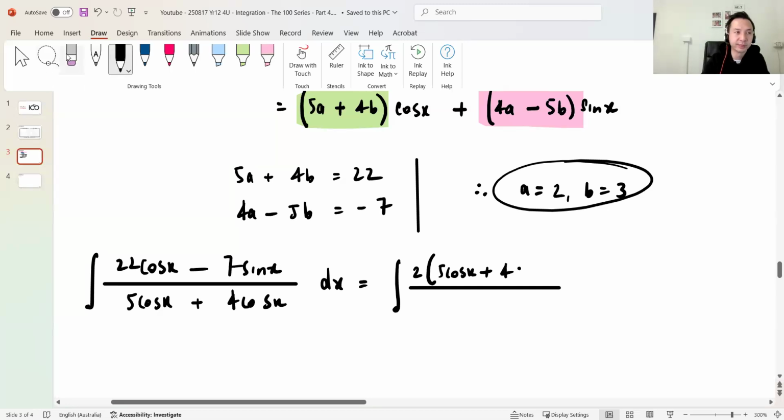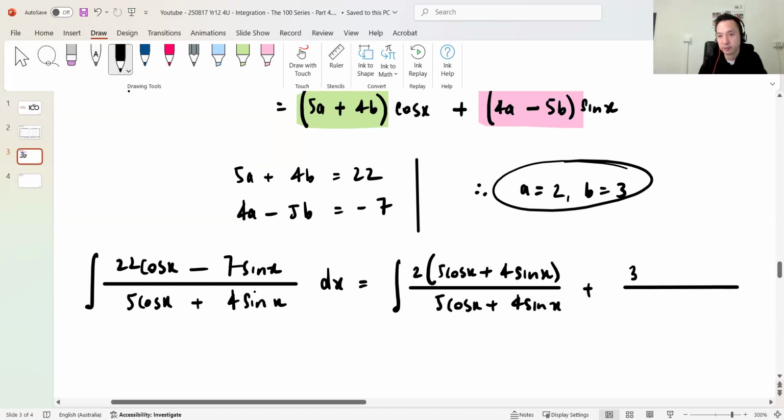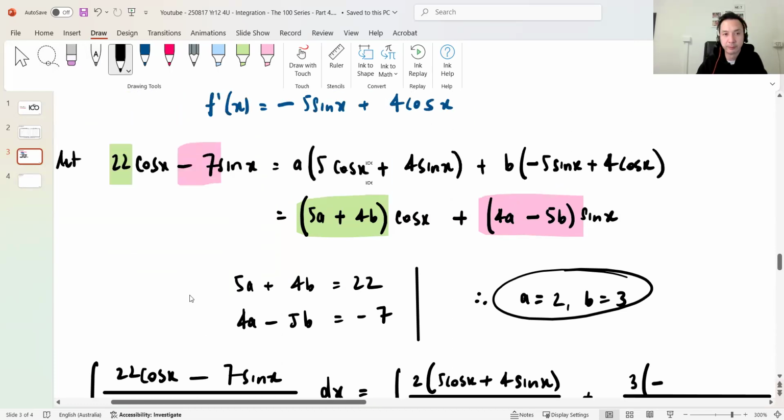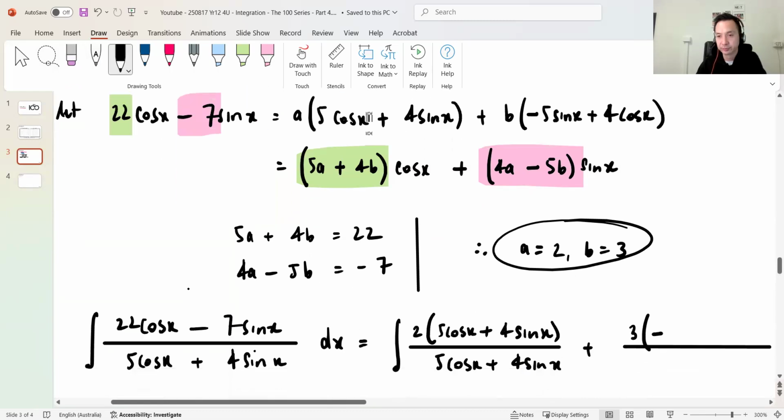Oops, I wrote cos twice. Should be sine. Then multiplied by the function over the function, plus 3 times the derivative, which was minus 5 sine x plus 4 cos x, over the function, dx.